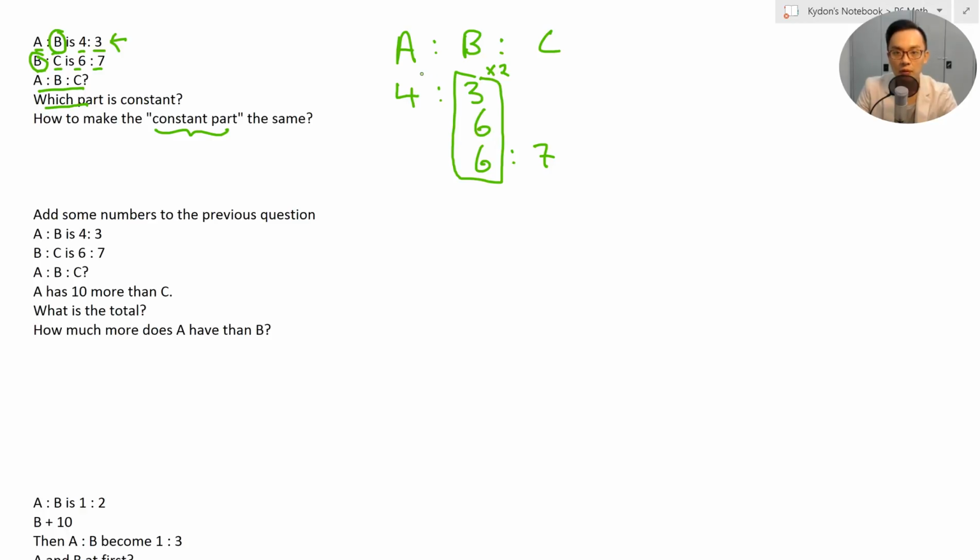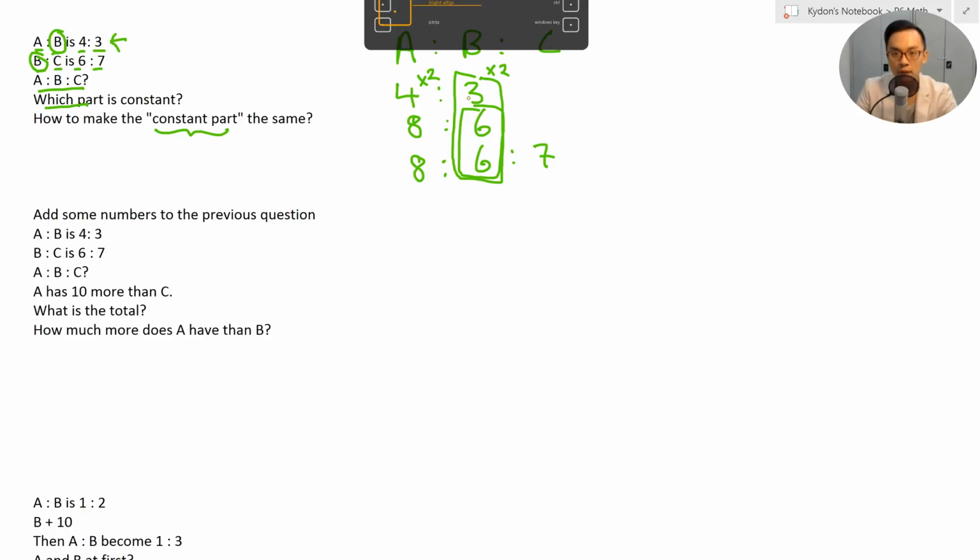And because I multiply by 2 on this side, I also need to multiply by 2 on this side, and it becomes 8 is to 6 and 6 is to 7. Now, because the constant part is the same, I both have 6 over here. Therefore, I can write 8 is to 6 is to 7, and that is my A is to B is to C.